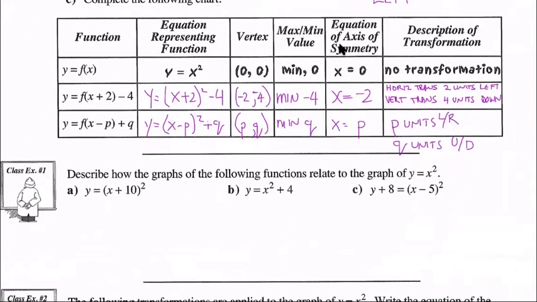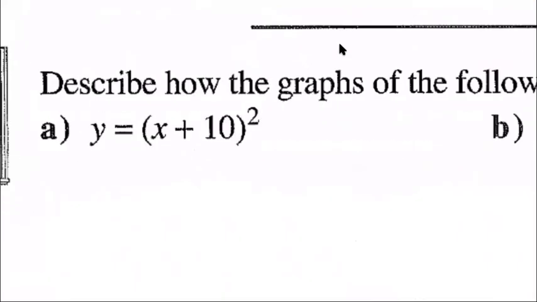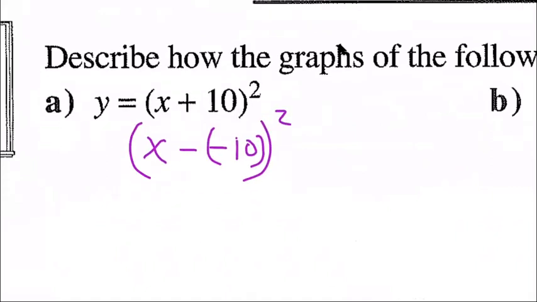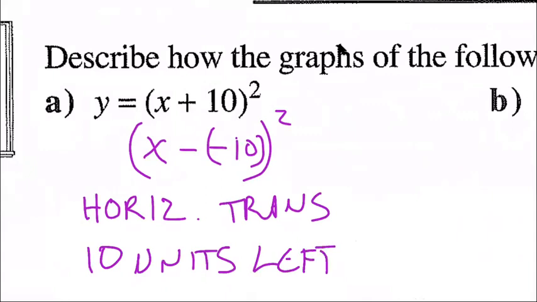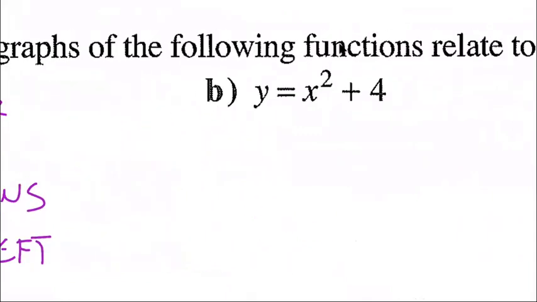Let's look at example 1. Describe how the graphs of the following functions relate to the graph of y is equal to x squared. This is x plus 10 all squared, which is really x minus negative 10 all squared. So this is going to be a horizontal translation, 10 units left. y is equal to x squared plus 4.